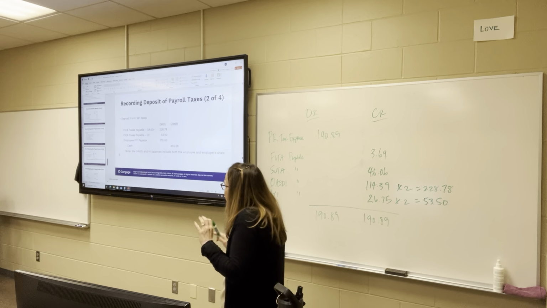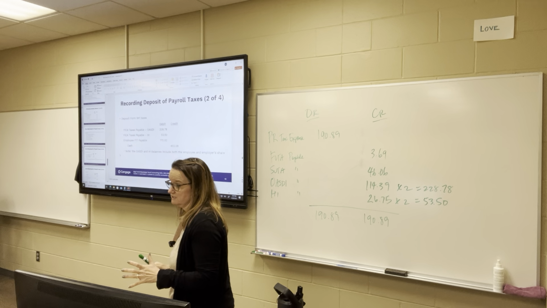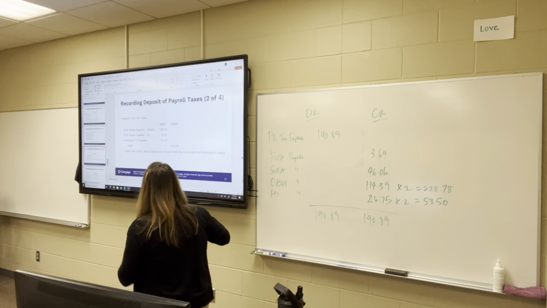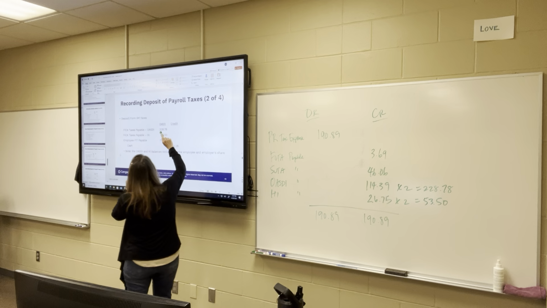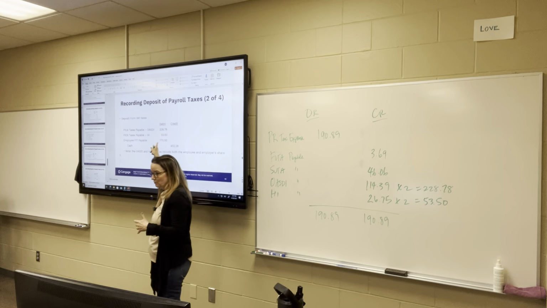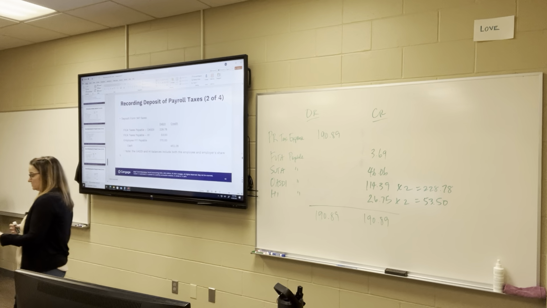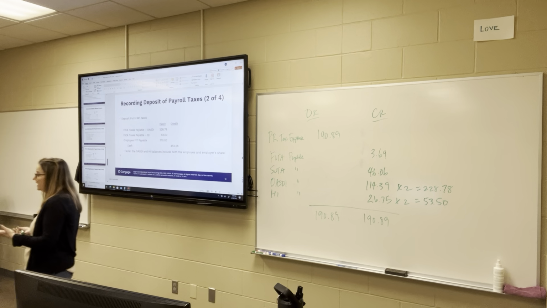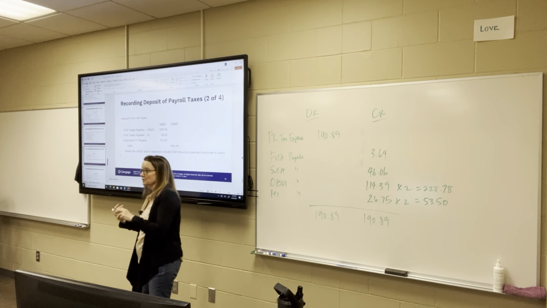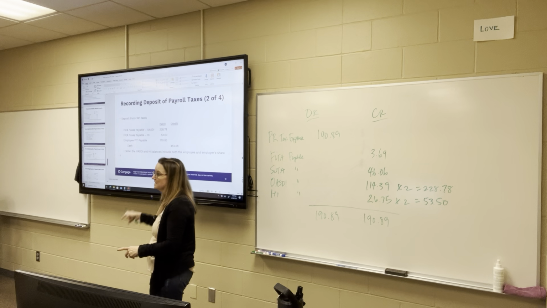It's going to be in the form of a couple of different journal entries because the payments are going to come at different times, right? This first journal entry is going to record our payment, our deposit of those payroll taxes. Remember, the payroll deposit schedule is going to depend on how much we owe. It might be the middle of the following month we may have to make this deposit.